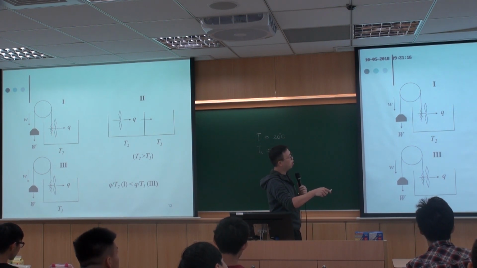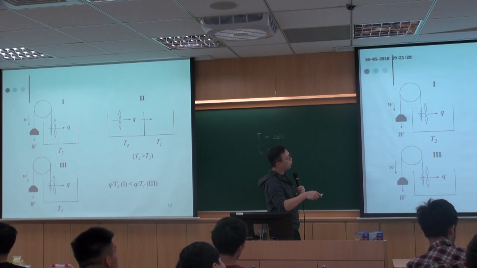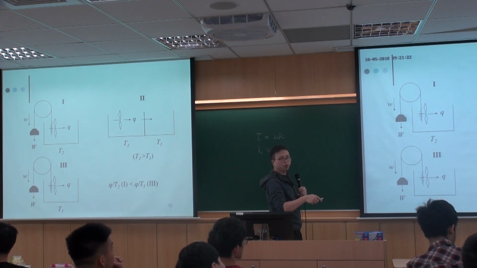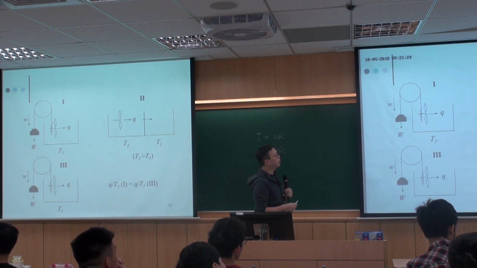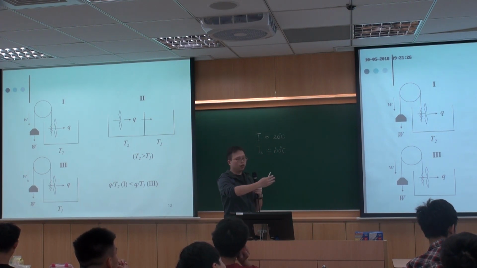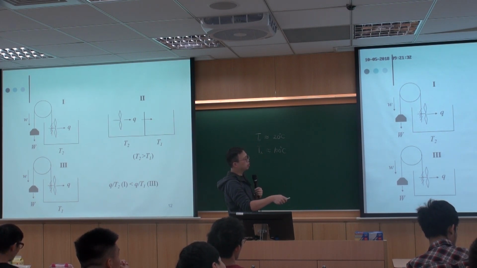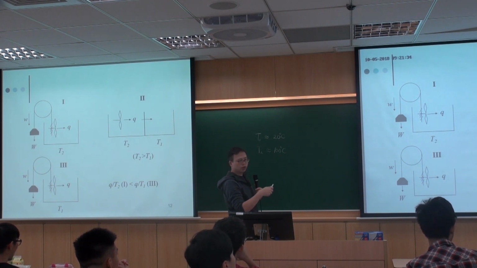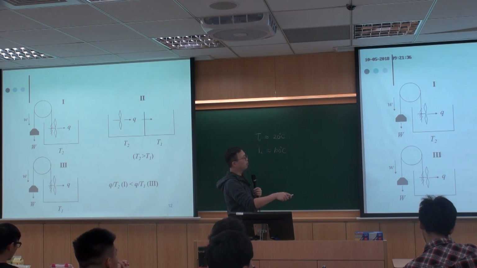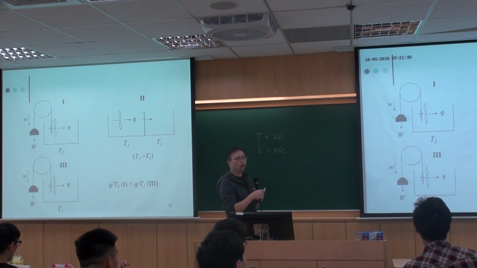And the temperature of the whole thing will evolve from temperature 2 to temperature 1, which means that you can imagine another heat reservoir is in contact with this heat tank, and then tries to reduce the energy, or you can say reduce the temperature of this heat tank from T2 to T1.